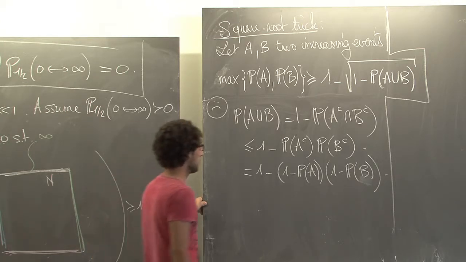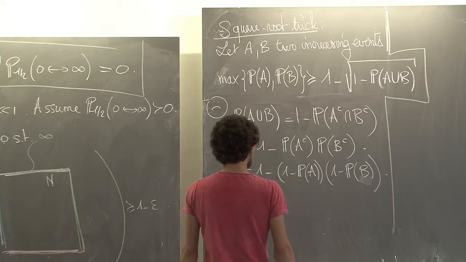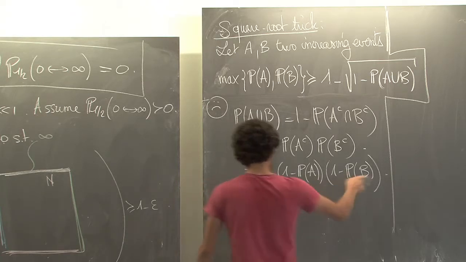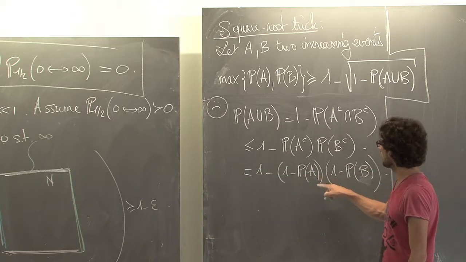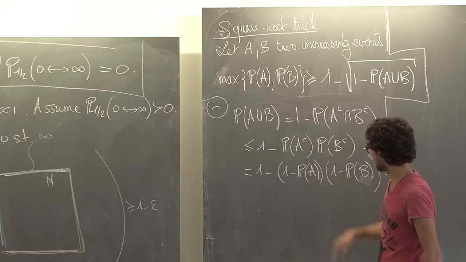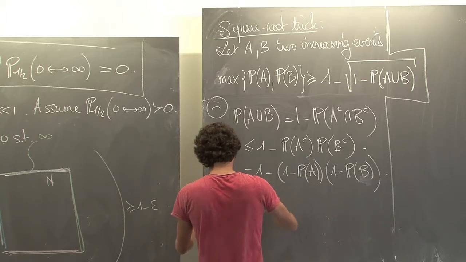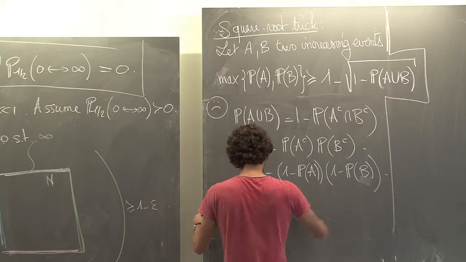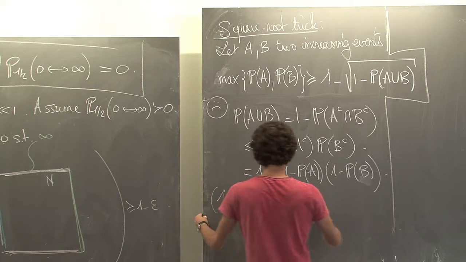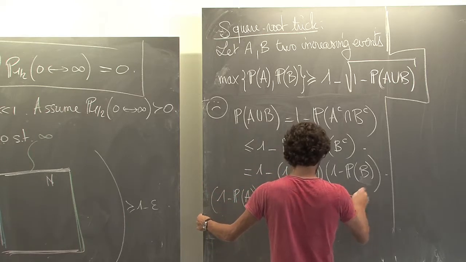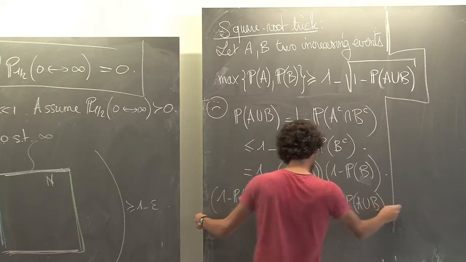Good question. So now you just say, okay, if you take the max of P of A, maybe I'm going to write it like that: 1 minus the probability of A, times 1 minus the probability of B, is larger or equal to 1 minus the probability of A union B.